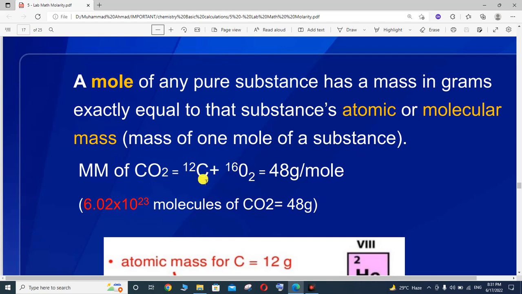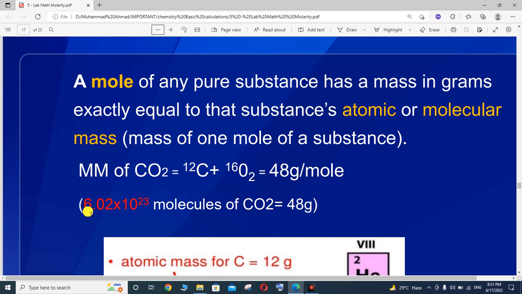The atomic mass of carbon is 12 and the atomic mass of oxygen is 16. In this case the oxygen is 2, so 16 is multiplied by 2, and it becomes 48 gram per mole.